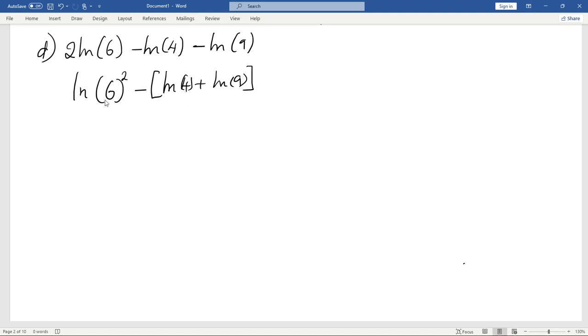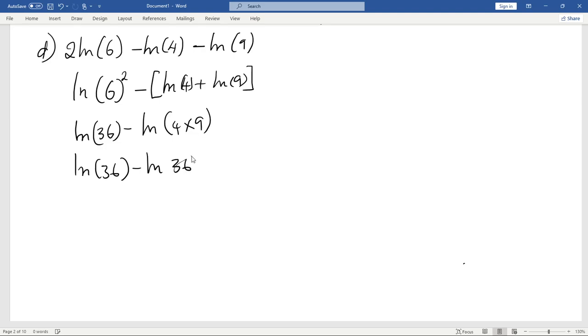So 6 to the power 2 is 36, meaning that we have ln 36 minus ln 4 times 9. Then we have ln 36 minus ln 36. These are the same, meaning that they'll just give us a 0.